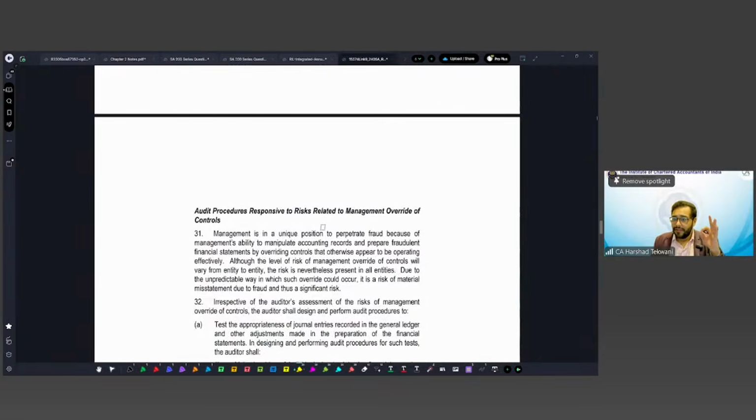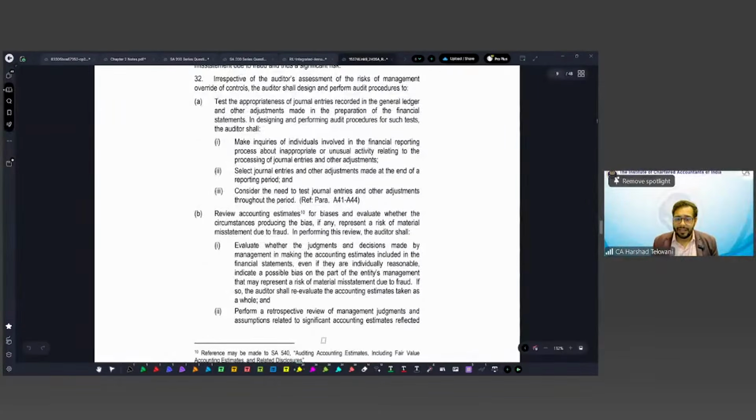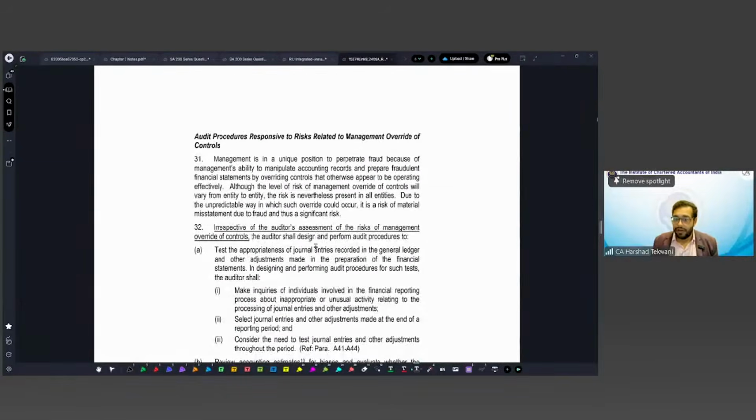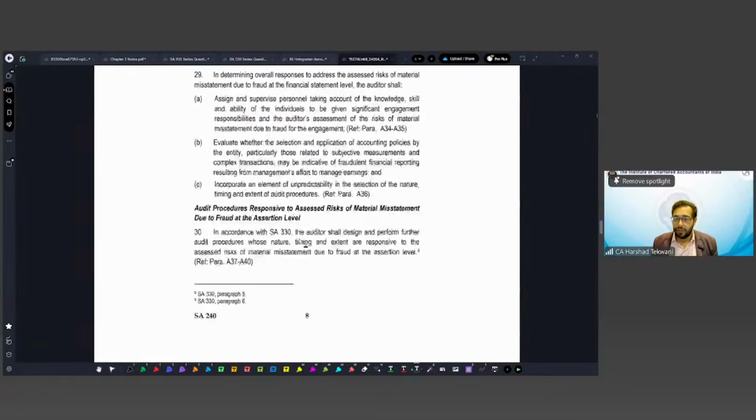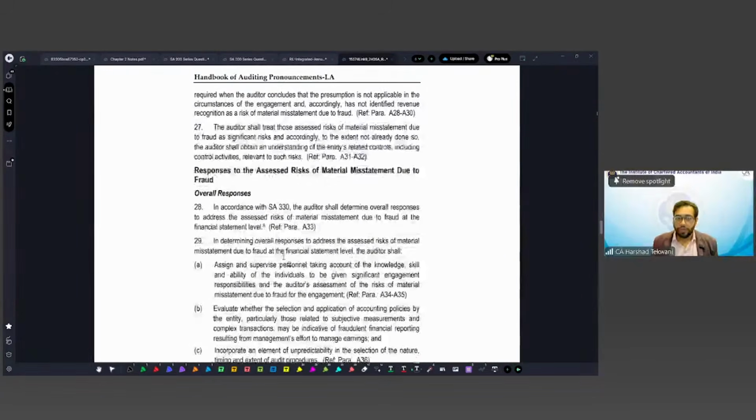If you see the wording of the standard, and in the actual present practical scenario also, irrespective of the auditor's assessment of the risk of management override of controls, whatever your assessment is, you have to test for it. But in revenue recognition, you have a chance to say that it is not a fraud risk.